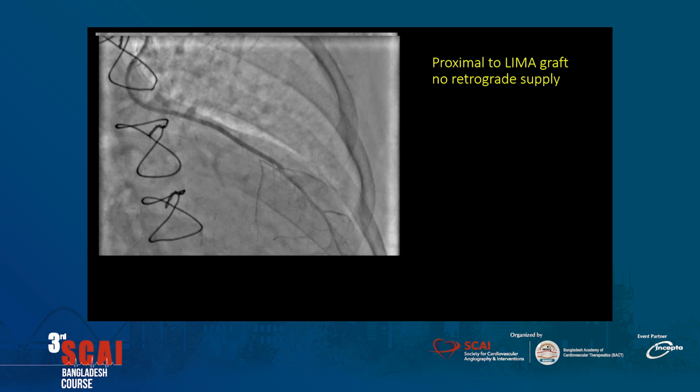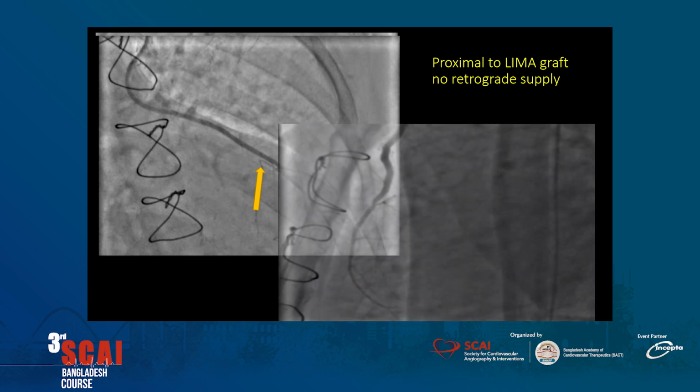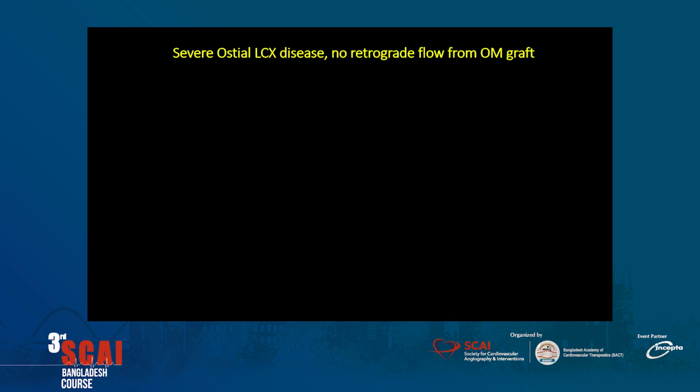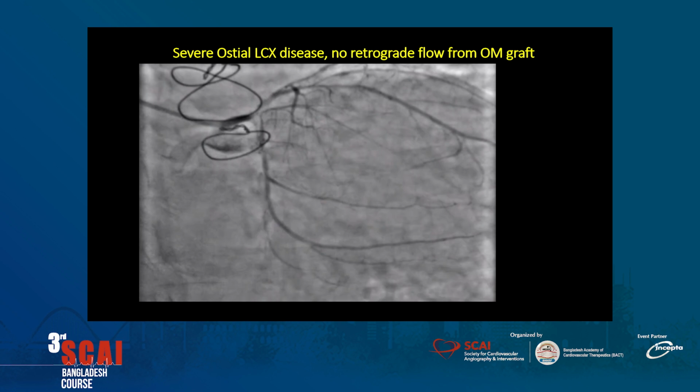So though proximal to the LIMA graft, there is no retrograde supply. LAD is blocked. And also there is severe ostial circumflex disease with no retrograde flow from the OM graft. So this is a huge territory which is ischemic, explaining the class 3 angina, even though the LIMA to LAD is patent.